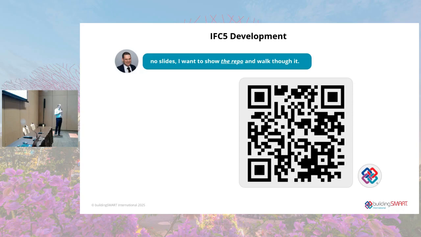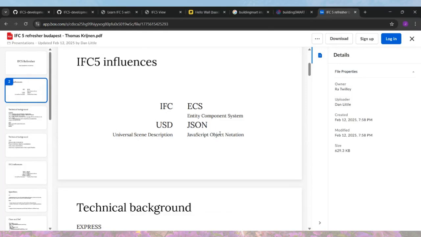Then we have USD, but also JSON, which is all very different. And IFC5 is really a mix-up of all of those, not just USD. But you will learn all of that in the course, because there's a long statement also from buildingSMART about the USD relationship. So highly recommend that.